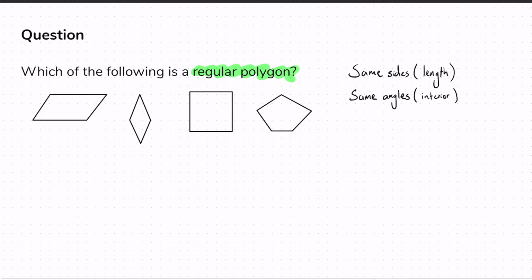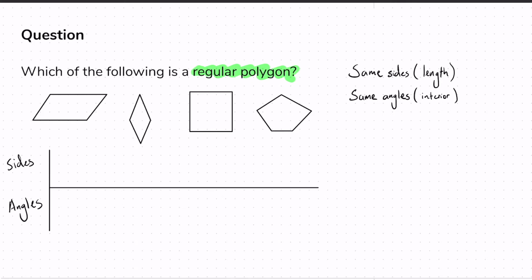So what we're going to do on the side here, we're going to have the sides and the angles. We're just going to make a little table. And in the table, I'm going to have a look at each of these shapes here. So this first shape that I'm looking at, the one furthest left, some of you may know it as a parallelogram, where these sides and these sides are parallel.